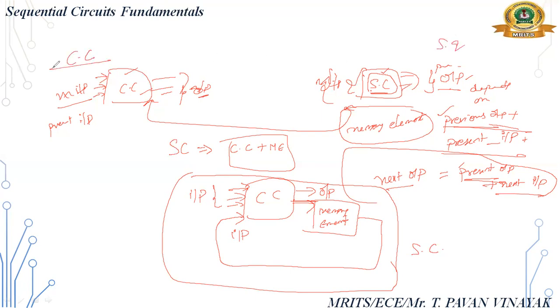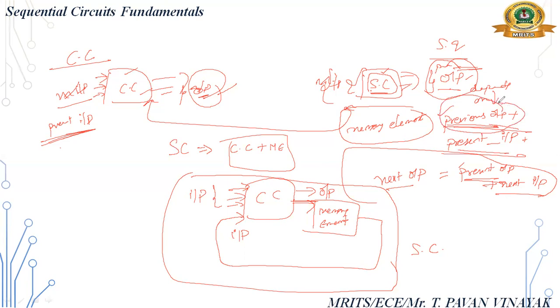In combinational, we have m inputs and m outputs. The output depends on present inputs only. But in sequential, the present output depends on the previous output as well as present inputs. So how do we get this previous output?